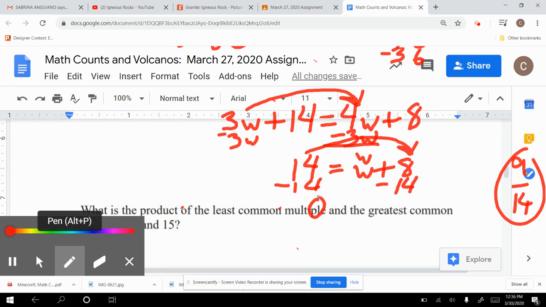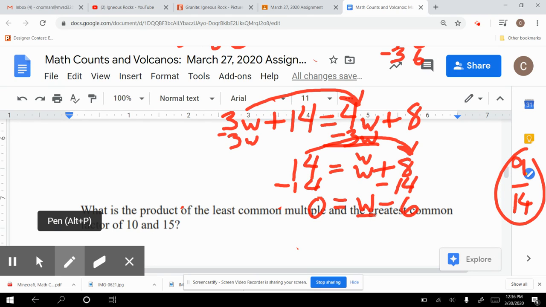Since there's nothing left on that side of the equation, 0 equals W minus 6. Okay? Now, what's going to make this true? What would W have to equal in order for this side to equal 0? Well, you would have to have 6, right? Because 6 minus 6 is 0, which means that W equals 6.